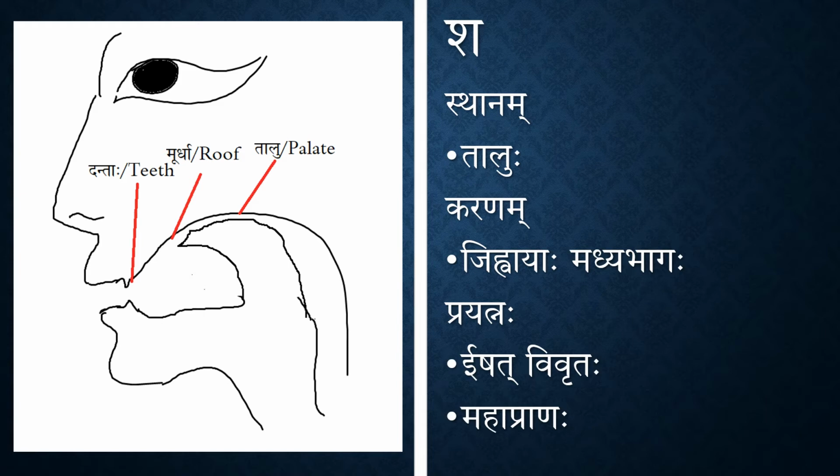And the third aspect is prayatna, or the effort for this sound. The primary effort, the abhyantara prayatna, is ishat vivrutaha. That means slightly open. The mouth is slightly open.